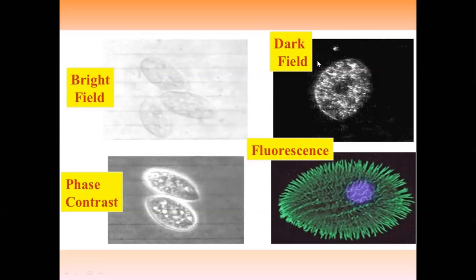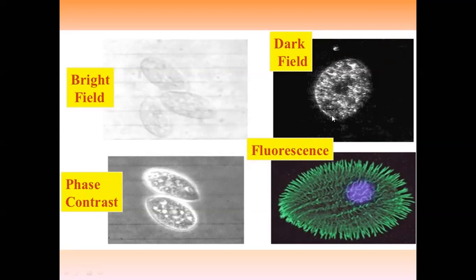In dark field microscopy, the background is dark in color, and the sample is somewhat deflecting the light. It is not completely absorbing the light. So as a result, the image that is formed is on the dark background.